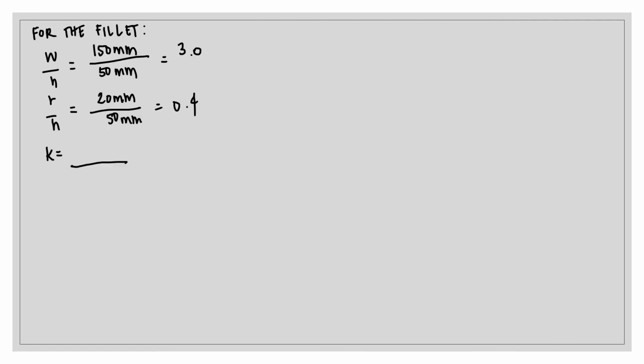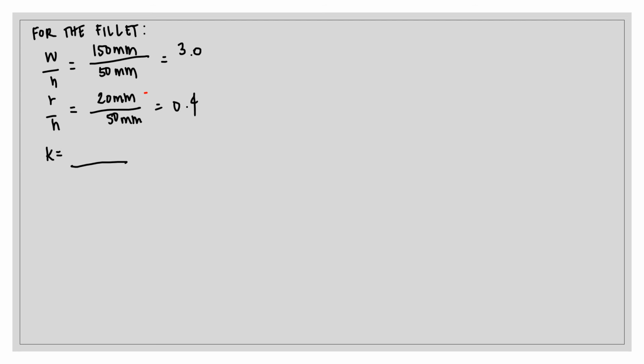Next, for the fillet, width over height and radius over height. So 150 millimeters over 50 millimeters is equal to 3.0, and 20 millimeters over 50 millimeters is equal to 0.4.